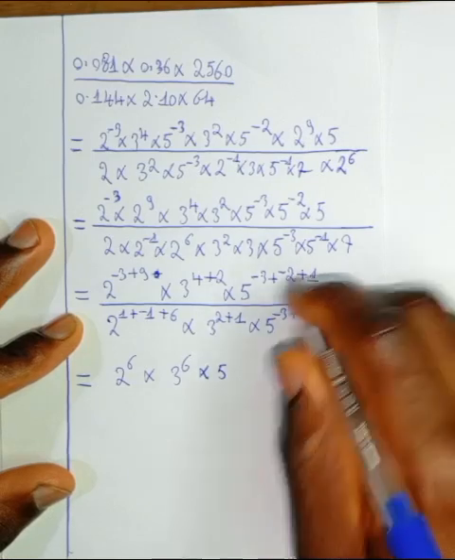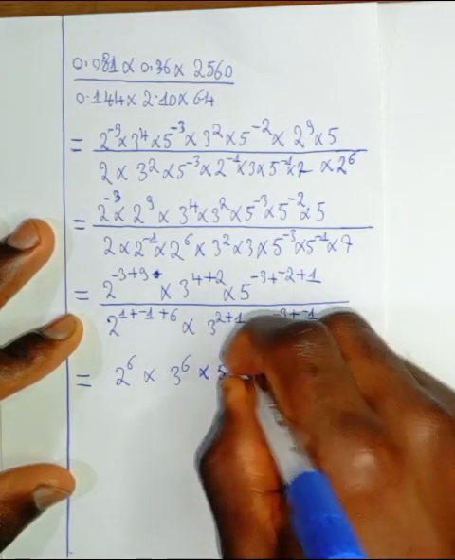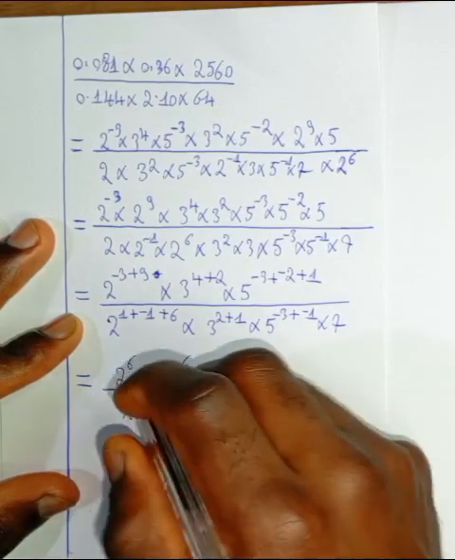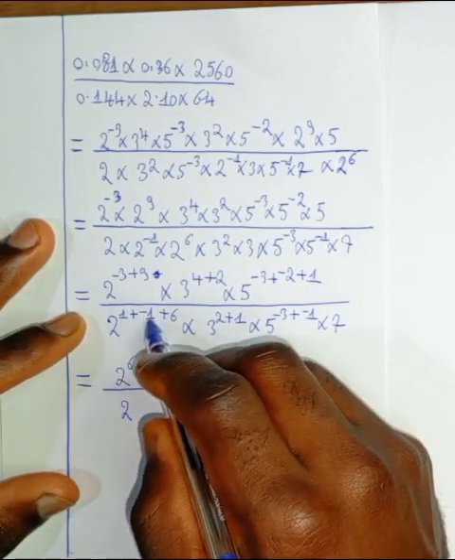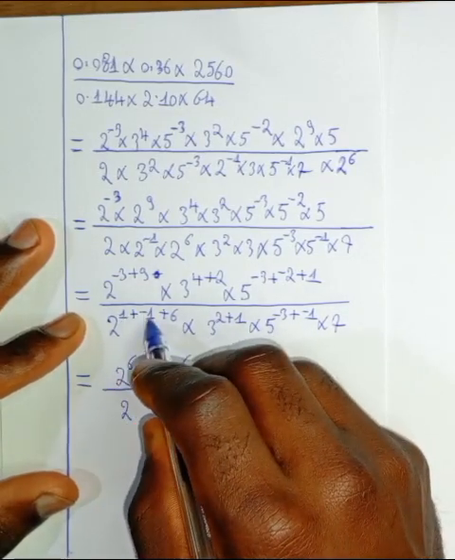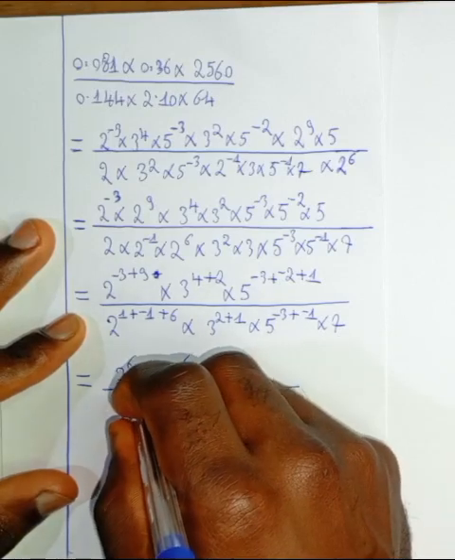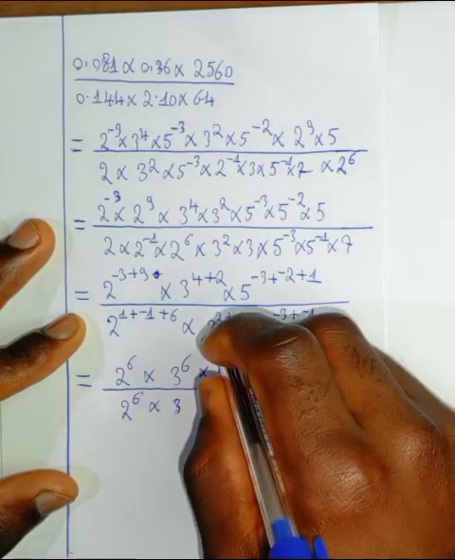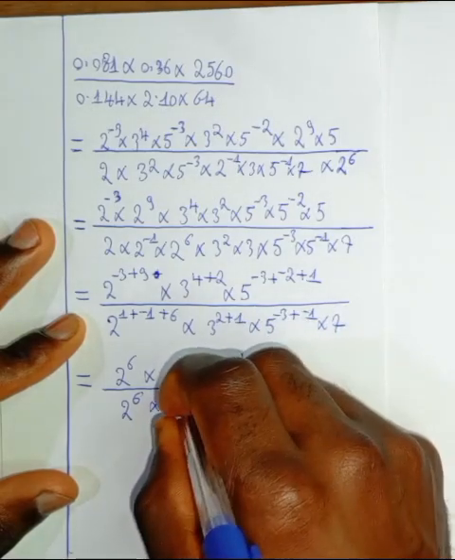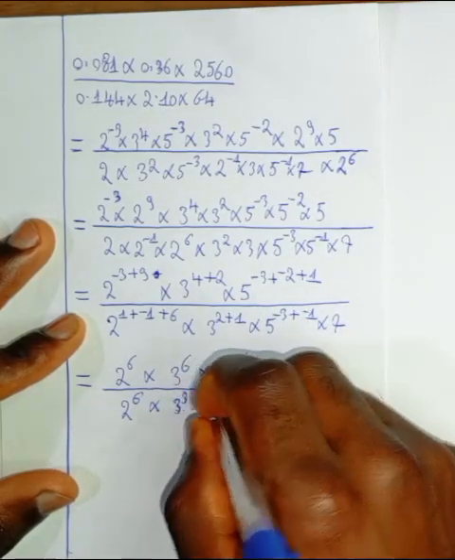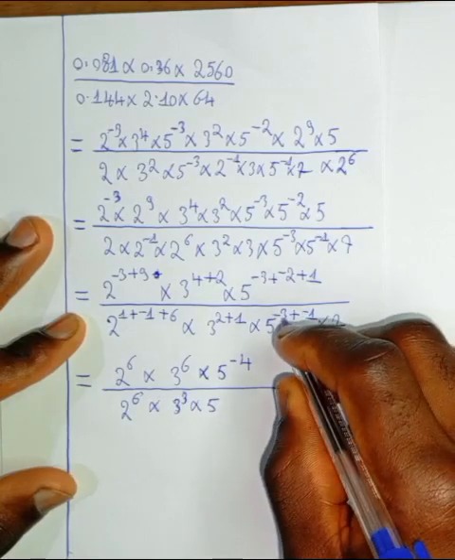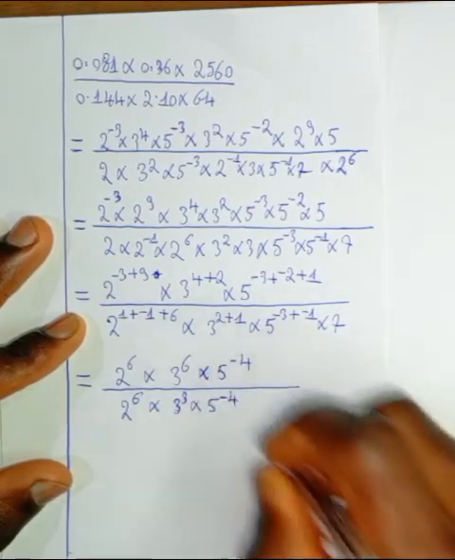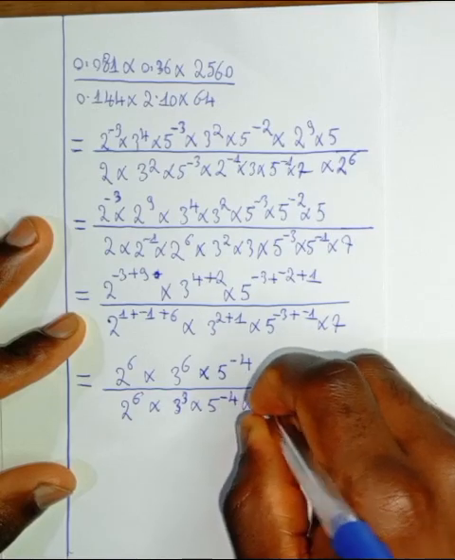Negative 5 plus 1 gives us negative 4, all over 2 raised to the power 1 plus negative 1 gives 0. 0 plus 6 remains 6, times 3 raised to the power 2 plus 1 gives us 3, times 5 raised to the power negative 3 plus negative 1 gives us negative 4, times 7.